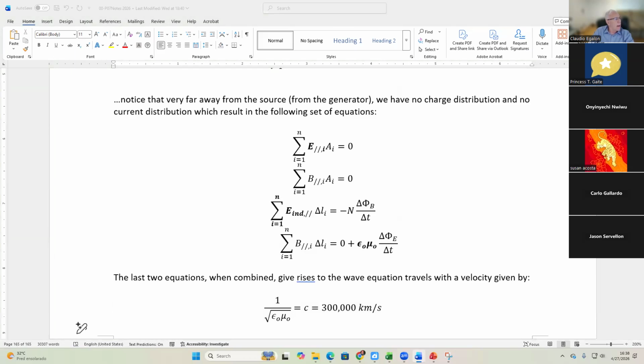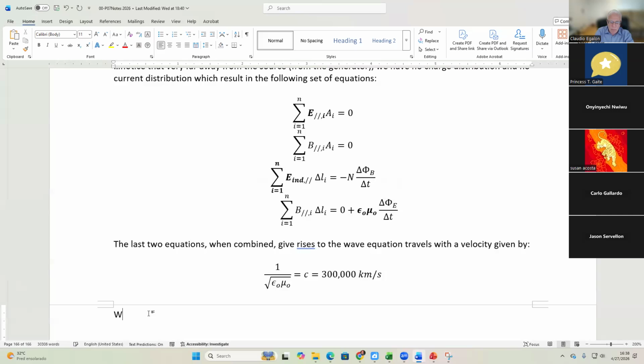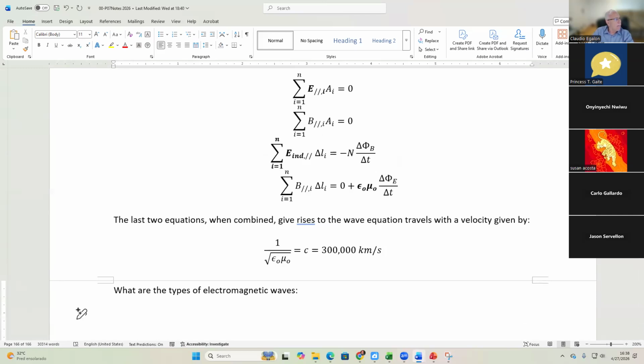And we can come up with some simple examples. Oh, and by the way, what are the types of electromagnetic waves? And also, how can you generate them? You already saw how you can generate them, but there are other ways too, right?